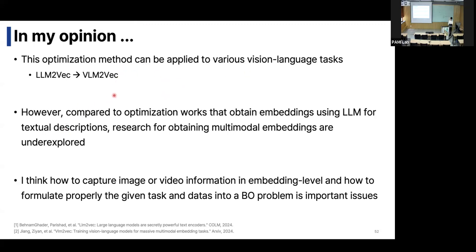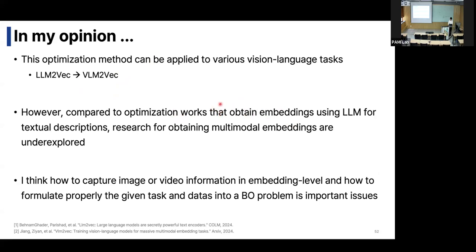However, compared to methods that use LLM-based embeddings for optimization, I think that research on connecting multimodal embeddings, such as images or videos, to optimization tasks remains underexplored. One possible reason is the challenge of effectively encoding visual information into embeddings that are suitable for optimization.